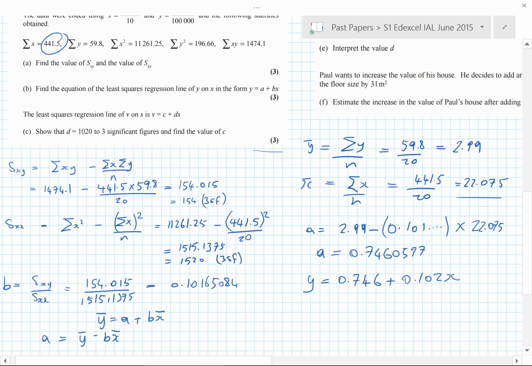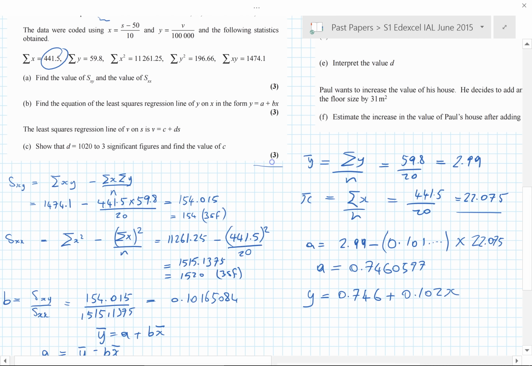Okay, so that's our regression line. Okay, so it says our least squares regression line is of this form, v equals c plus ds. Now this is where the coding formula bit comes in, because we've got our coding formula at the top here. So we're just going to put x and y into our coding formula, so it's not going to be particularly difficult. I probably ought to say which questions I'm doing here.